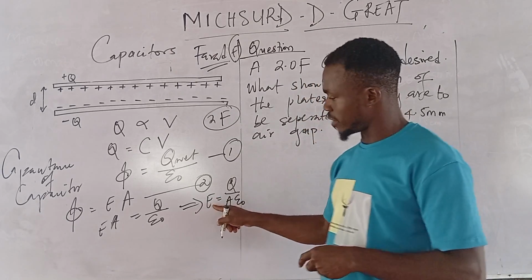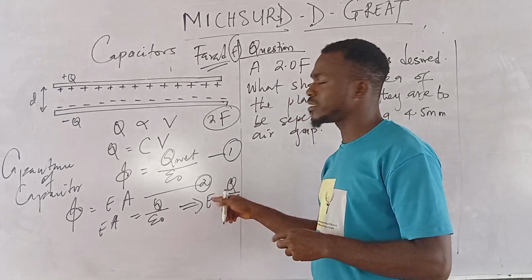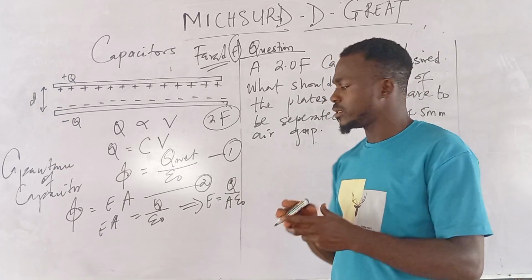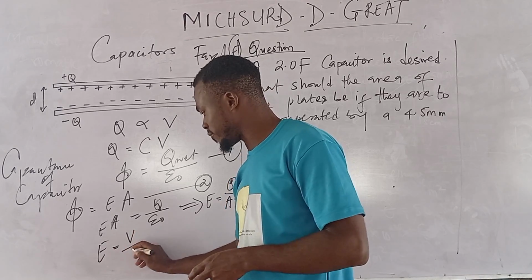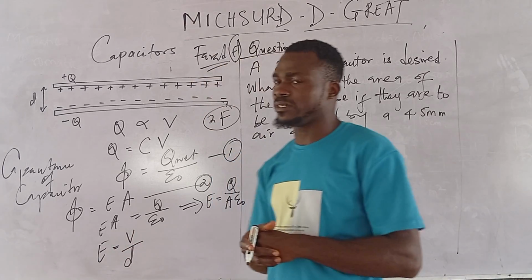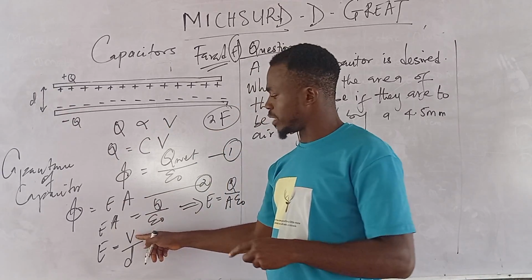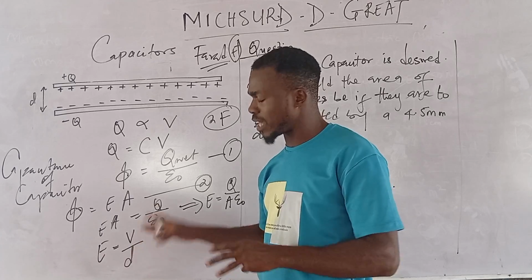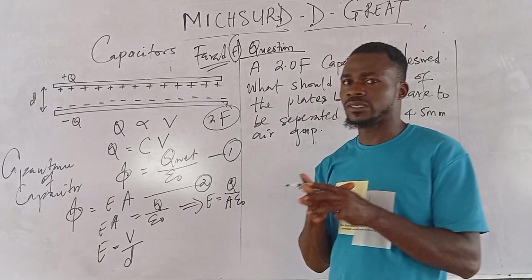From our current electricity, we remember that the electric field is related to the potential difference. The electric field is equal to the potential difference divided by the distance, where the distance is d and the potential difference is V. When we divide the potential difference by the distance, we are calculating the electric field.